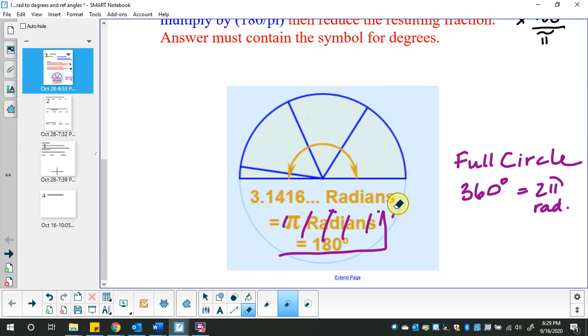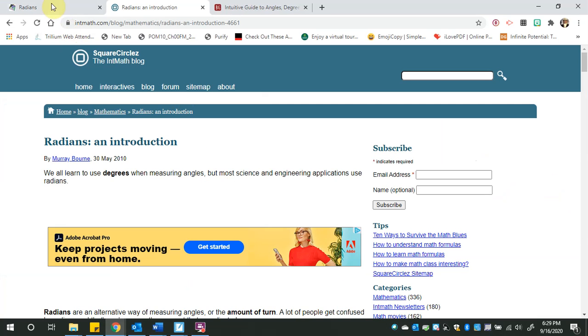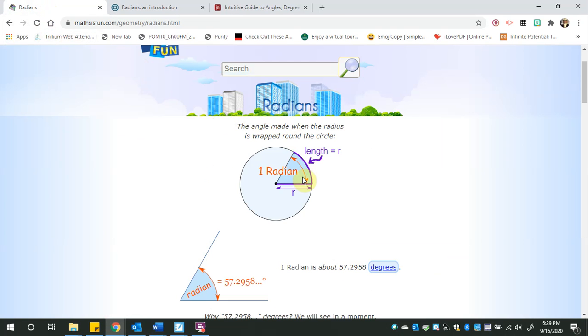Now to look at those websites, those links that I gave you. So I've got them open in Chrome. And the first one I'll look at is the top one, the Math is Fun. And this is a picture of what I'm talking about.